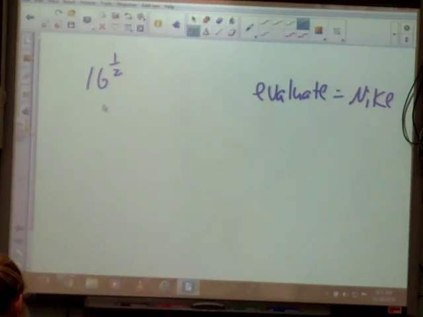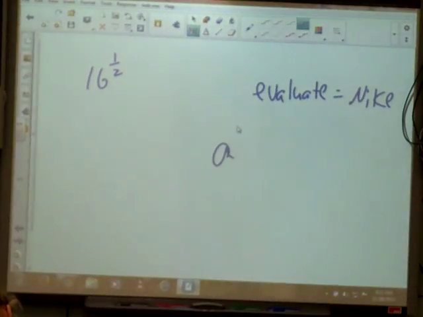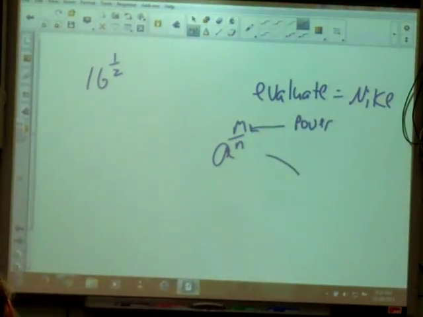All right, that power is rational. Remember, rational means a fraction. Here's a little note to make over here. The numerator is the power. The denominator is the root. Now, I say power over root, power over root, until that gets stuck in your head.